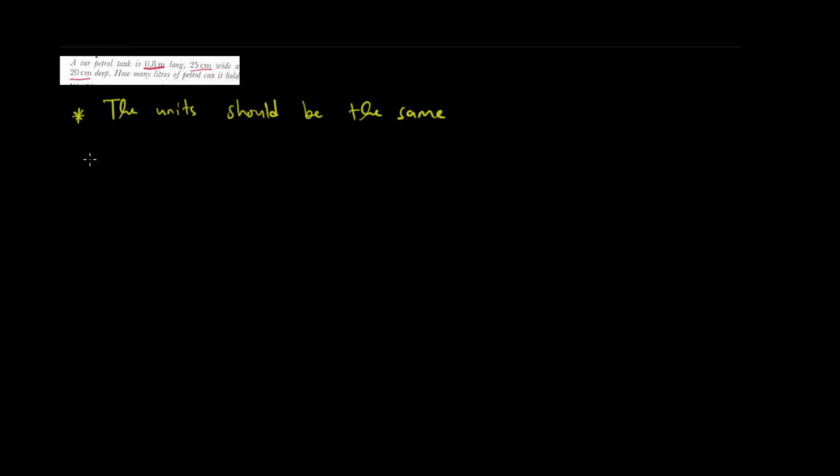So that's the first thing. Secondly, how many liters of petrol can it hold? Go back to my illustration of volume. Volume means the empty space inside the box, inside the tank. So a question that asks how many liters of petrol it can hold is asking about volume. Questions that ask about surface area usually have to do with painting, be it painting the inside or the outside, and hopefully we are going to get to them.